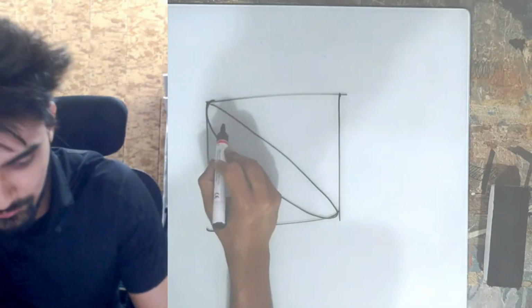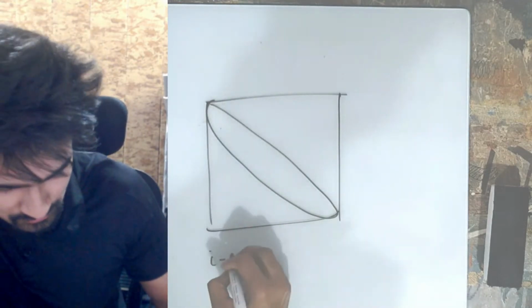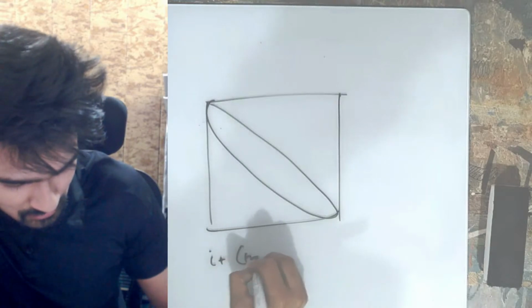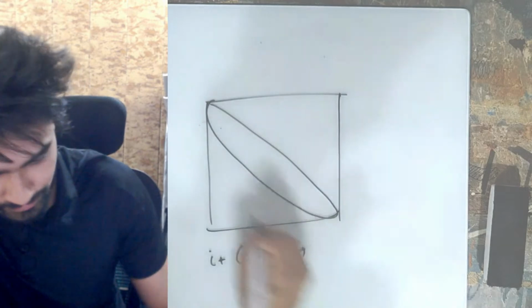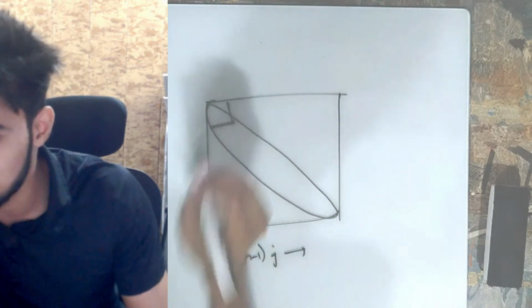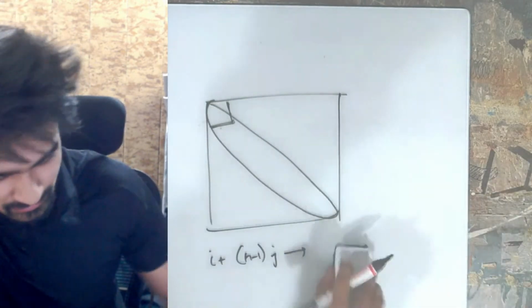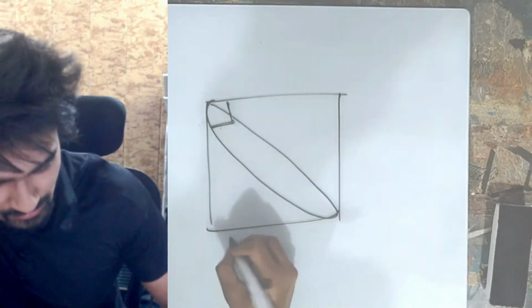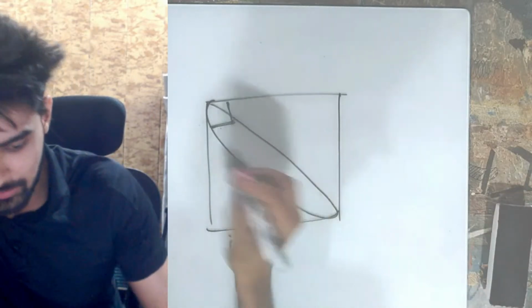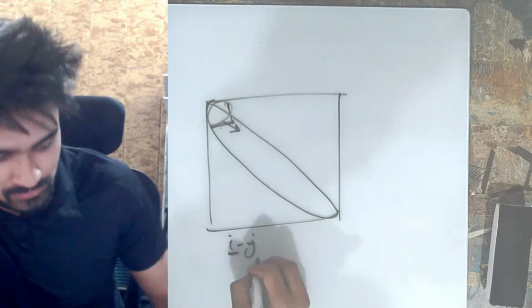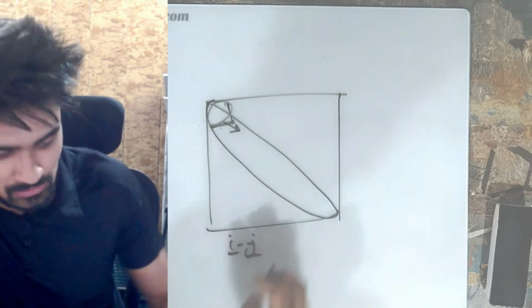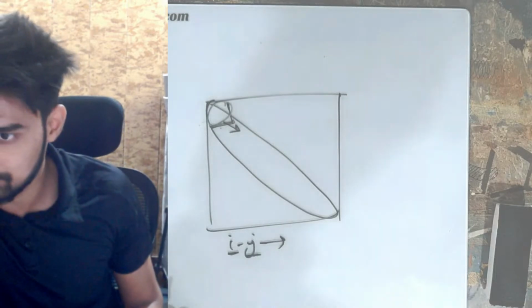Okay, the value of this diagonal is i minus j. Let's use i minus j only, which is better, because whenever you move along this diagonal, i is incremented and j is also incremented, so this value remains the same.